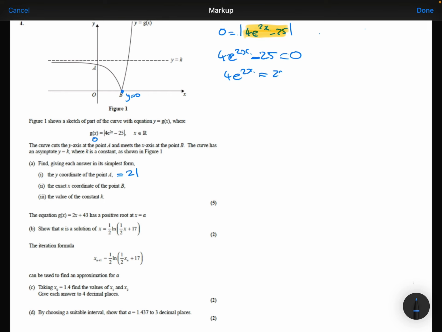Adding 25 to both sides, dividing both sides by 4, taking the natural logarithm of both sides, and dividing both sides by 2.